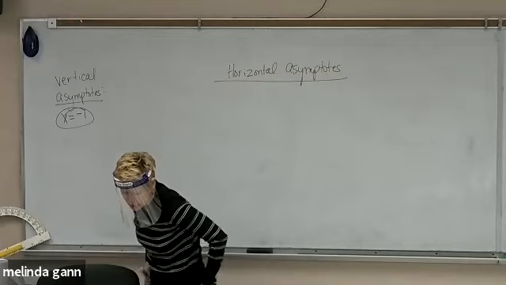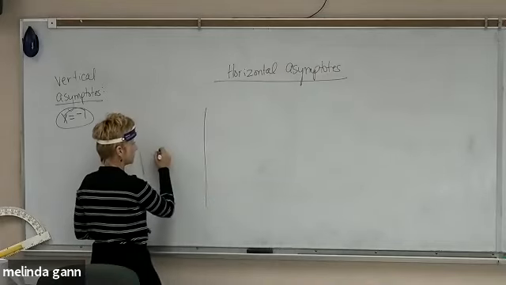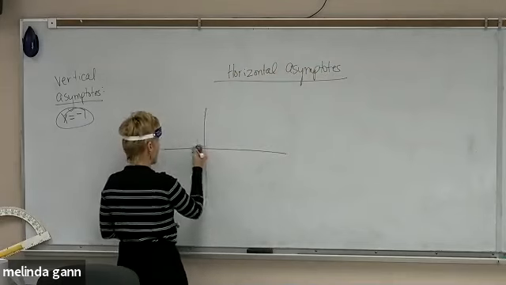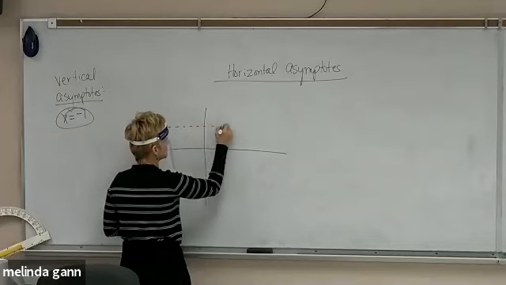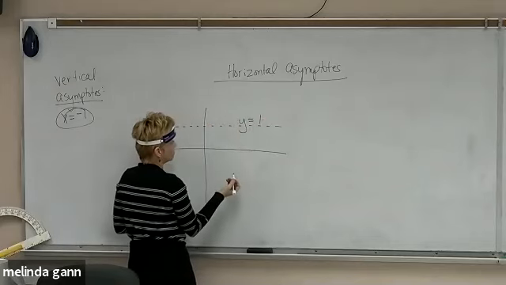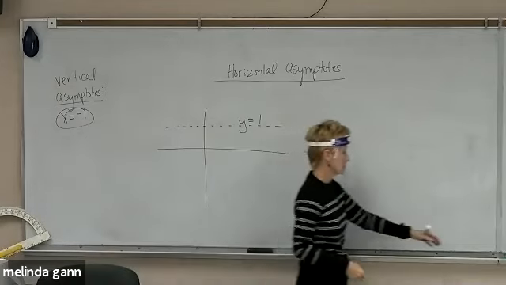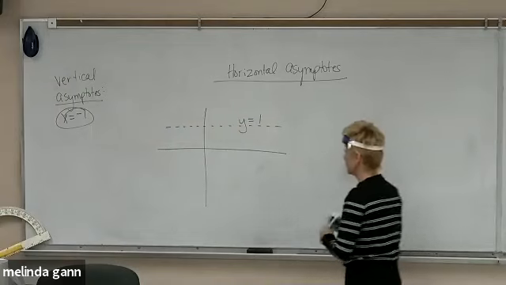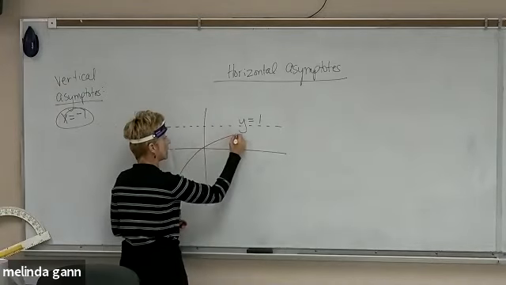They want to make sure that you're clear about something. Suppose you have this graph. Suppose this was y equals 1. And you had a graph that went like that.